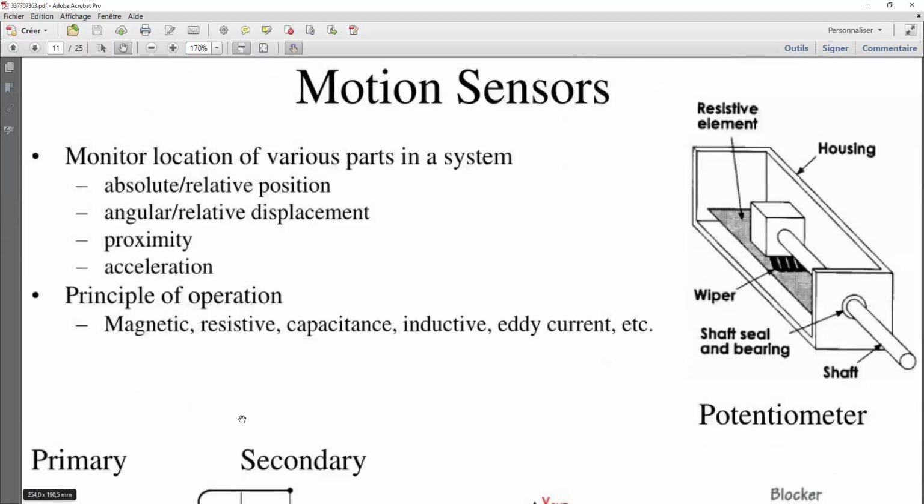Then we have motion sensors, which monitor the location of various parts in a system.